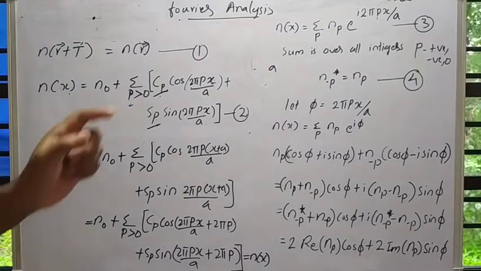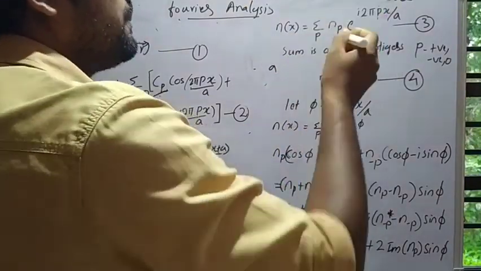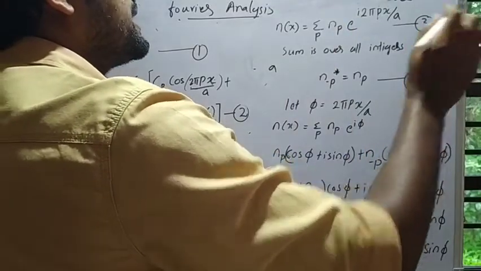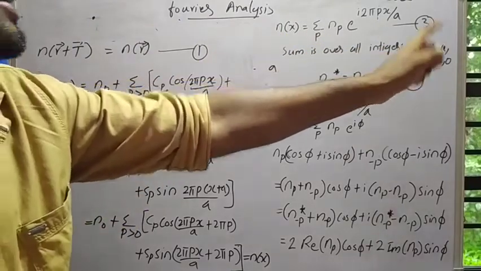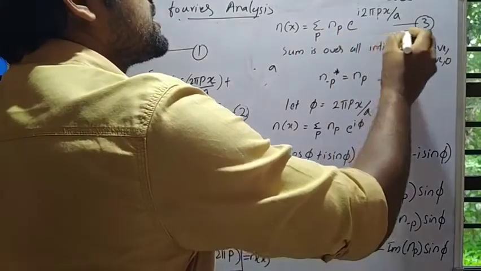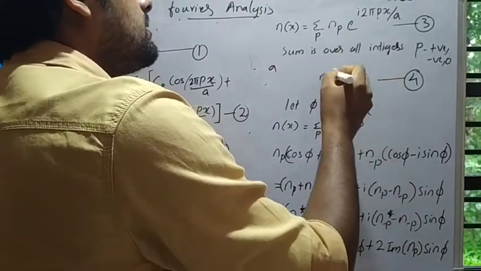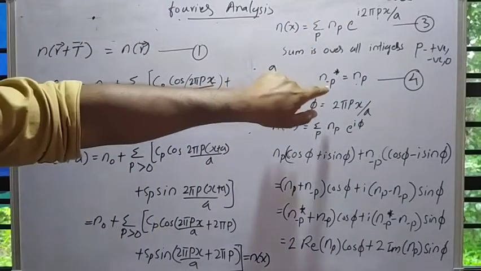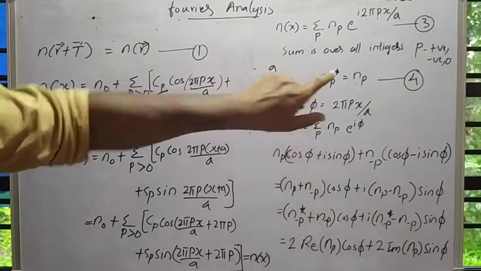Here p can have positive, negative and 0 values, and p's are integers. To make sure that the RHS of this equation is real, we need to apply a condition np equal to n minus p star. N minus p star is the complex conjugate of n minus p.